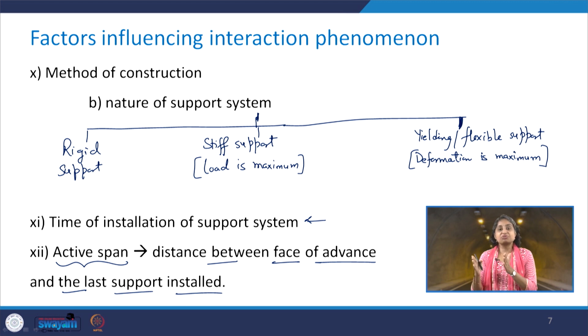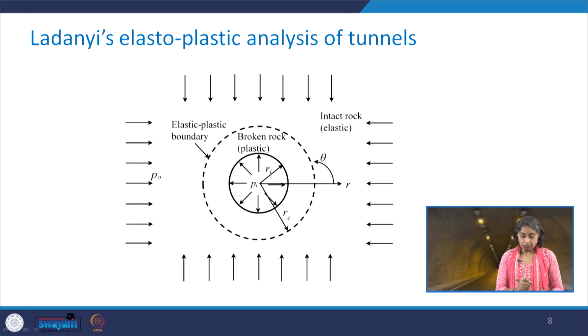So the distance which remains between the face of advance of the tunnel and the last support which is installed is what is called the active span. Now this was all about the factors which influence the interaction phenomenon.